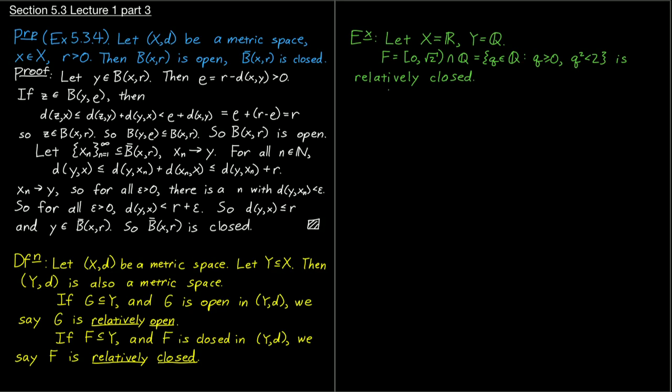And you can also write G, (minus root 2, root 2) intersect Q, is relatively open.